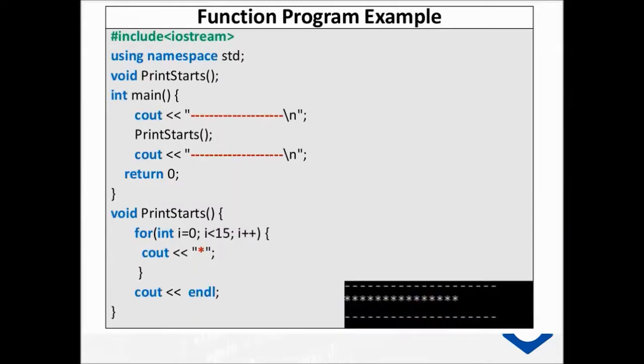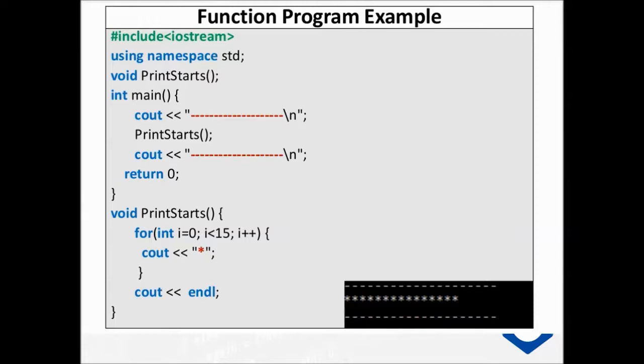Let's have another programming example. In this example, we want to print stars on the screen. First of all, we declare our function, and as this function only prints the stars on the screen, it does not need any return type. So we use void printStars, and we need no arguments because we only want to print the stars on the screen.